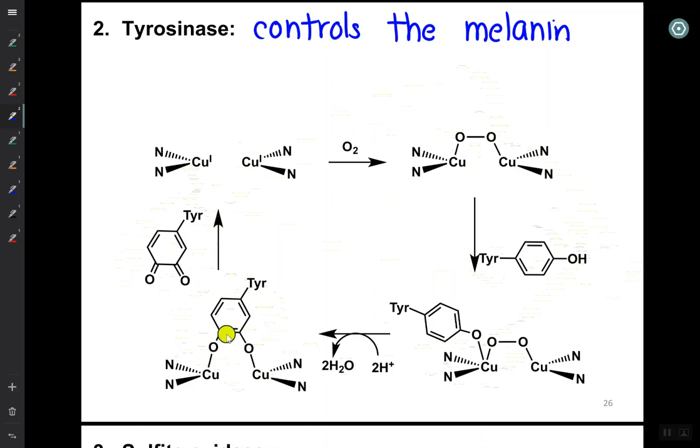That's a benzene with 2 OH or O- groups. And then the last step involves oxidation of this catechol to provide the copper 1 reduced form of the enzyme, and it generates this benzoquinone, which eventually is going to become melanin pigment.